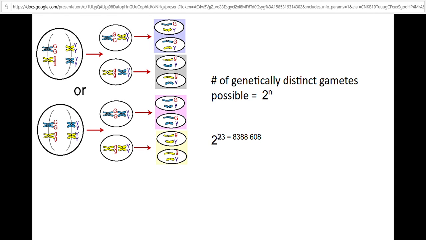Because humans have 23 pairs of chromosomes, the number of genetically distinct gametes possible in a human is over 8 million, which is basically the reason why there is so much genetic diversity and variation in humans. I hope you get this, and in the next lesson we will go over some questions to make sure that we understand all these terminologies. Thanks.